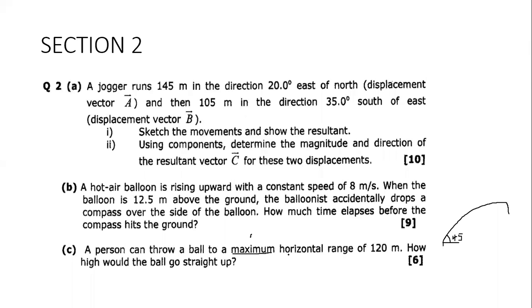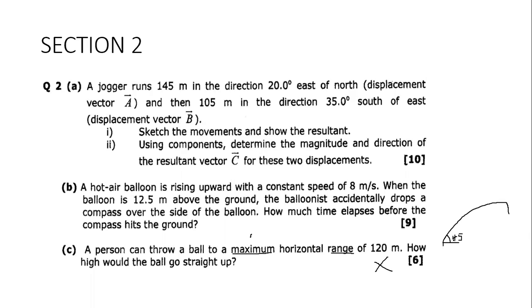For us to have maximum horizontal range, we already know that the angle they used was 45. And some of you were getting this range and solving it in the y-axis. Whenever we hear range, we talk about the x-axis.